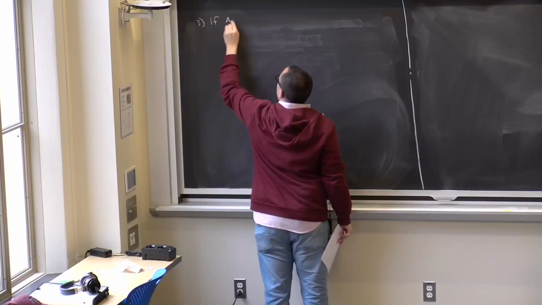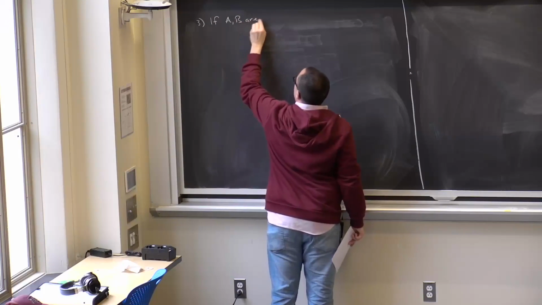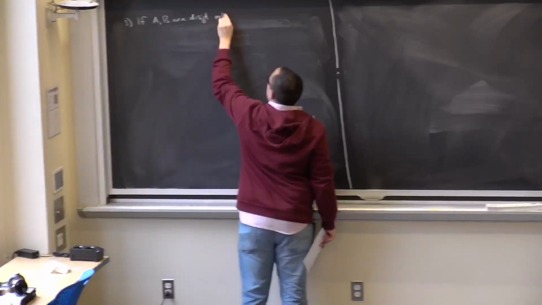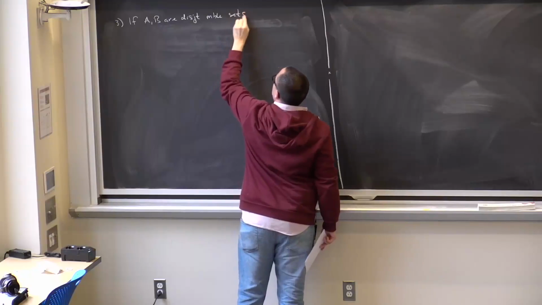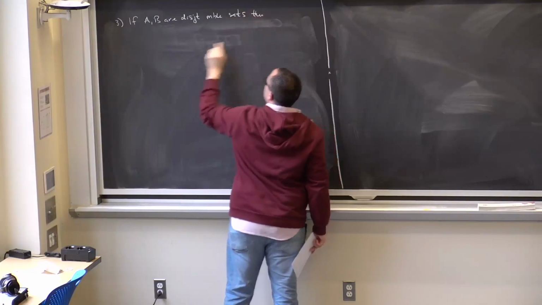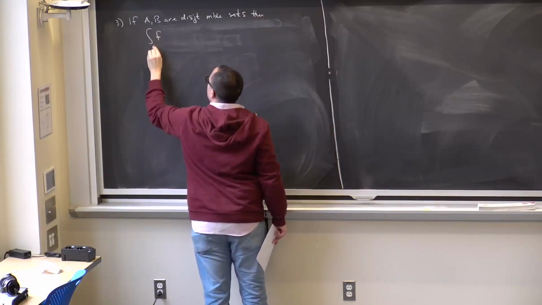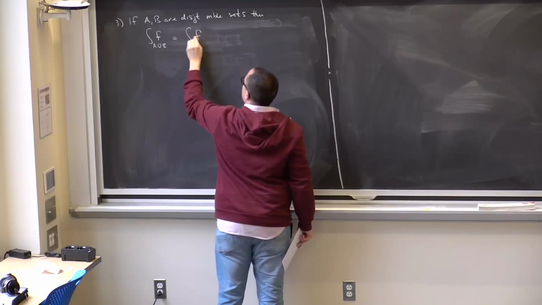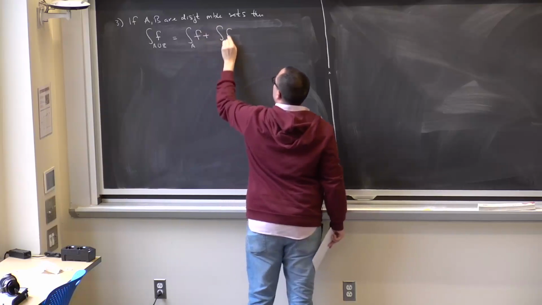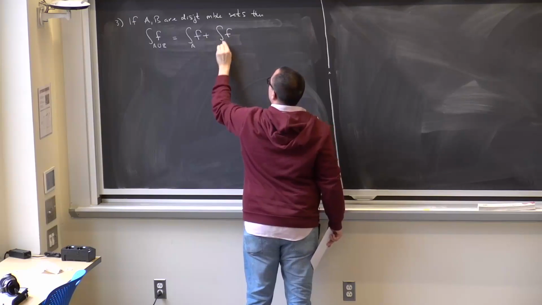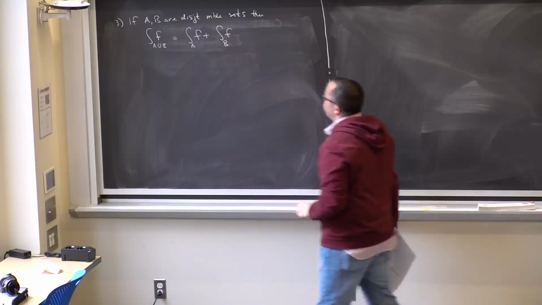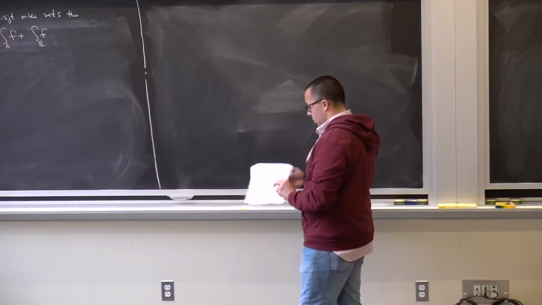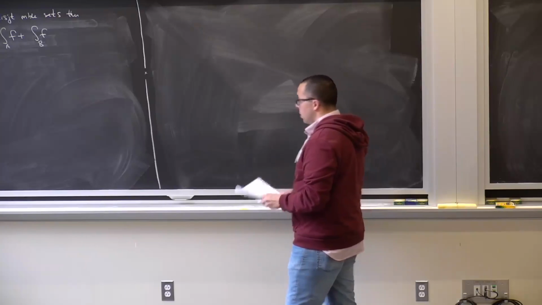If A and B are disjoint measurable sets, then the integral of f over A union B is equal to the integral over A of f plus the integral over B of f. Okay?